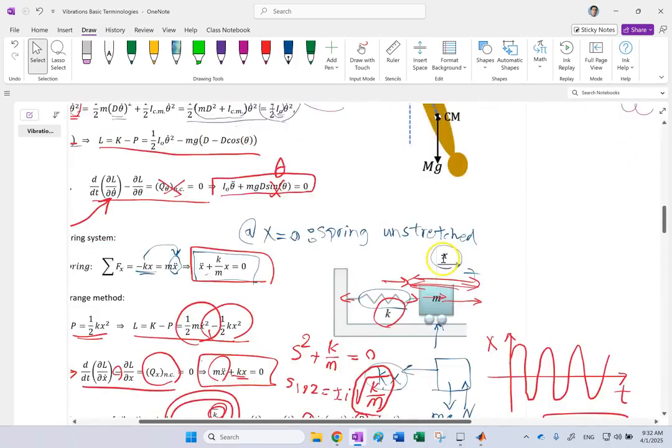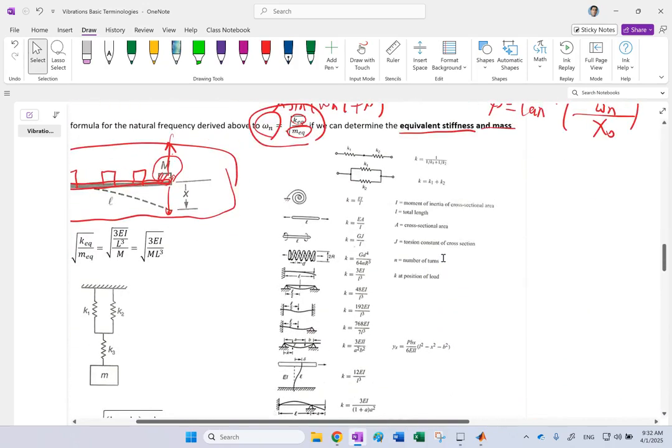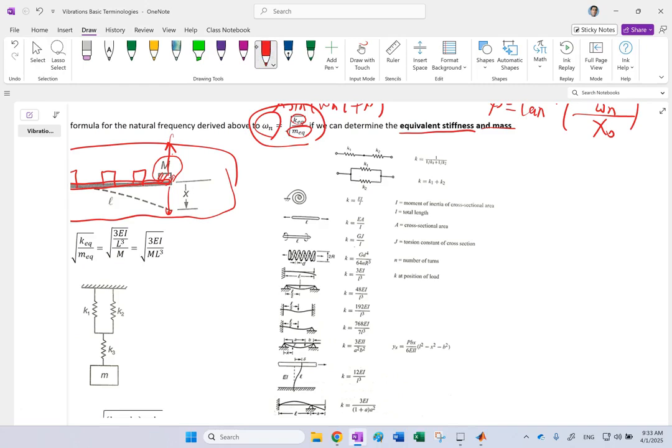there is a table which has equivalent stiffnesses for different kinds of objects. For instance, it says, if you have a cantilever beam with length L, with Young's modulus E, and with second moment of inertia I, the stiffness K for it, if you move the end of it, is 3EI over L cubed.